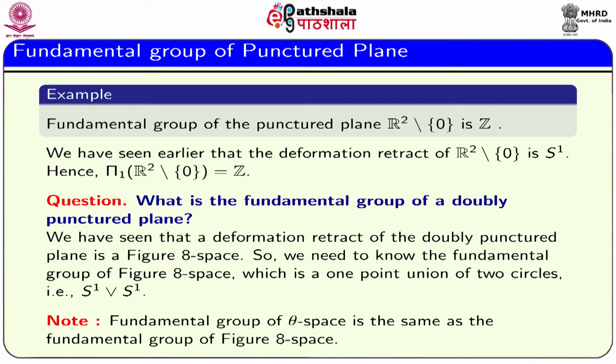So, we need to know the fundamental group of figure 8 space, which is again the one point union of two circles, that is S1 ∨ S1.